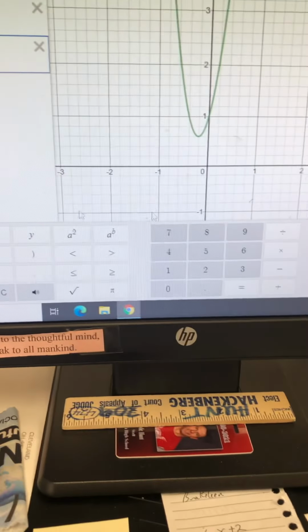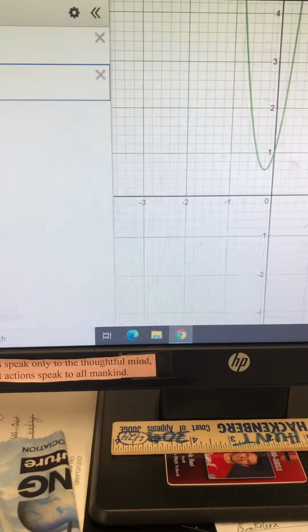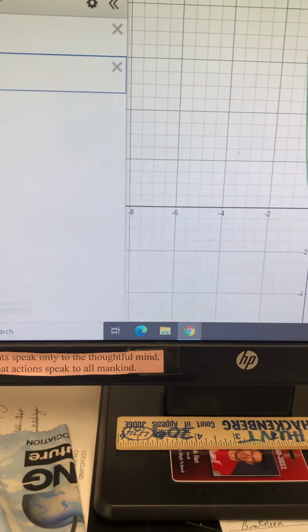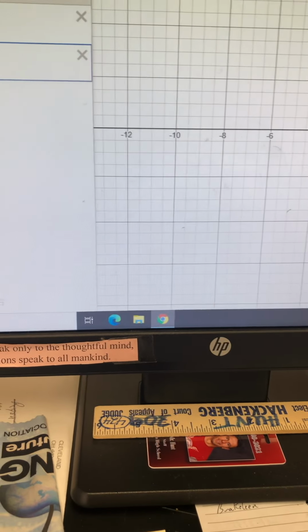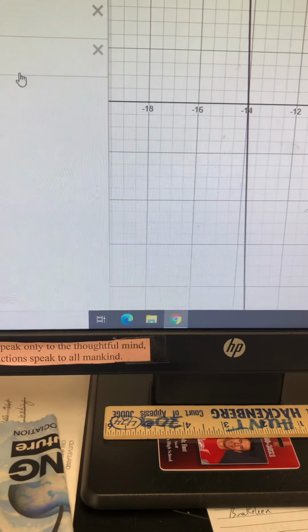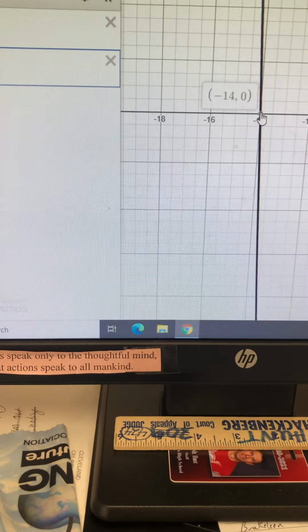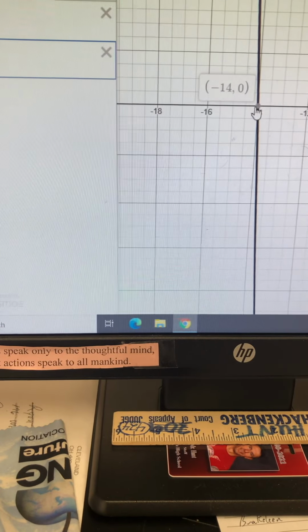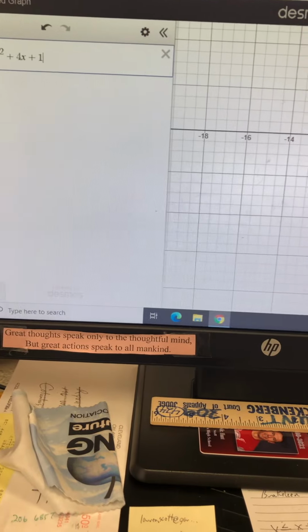I plugged that one in, and as I back it out, you can see it crosses right there at 5, 0, and then back here at negative 14, 0. That's what you're finding when you do these problems. Let me get that one out of there and bring this one back. This one's for later. So that's what I'm talking about if you want to use Desmos.